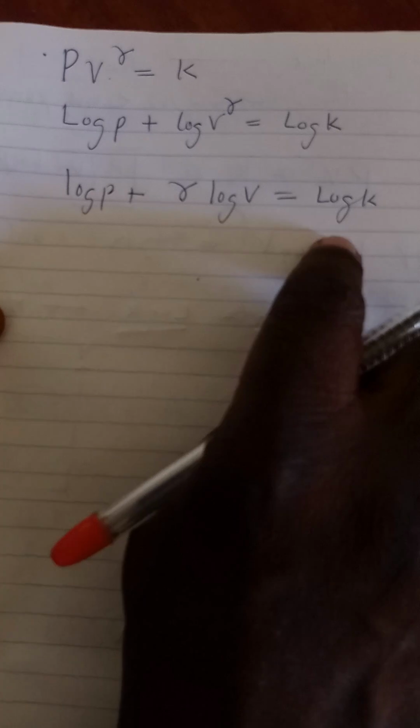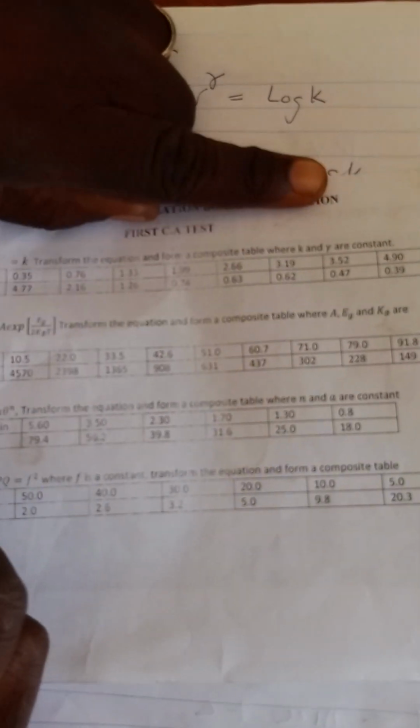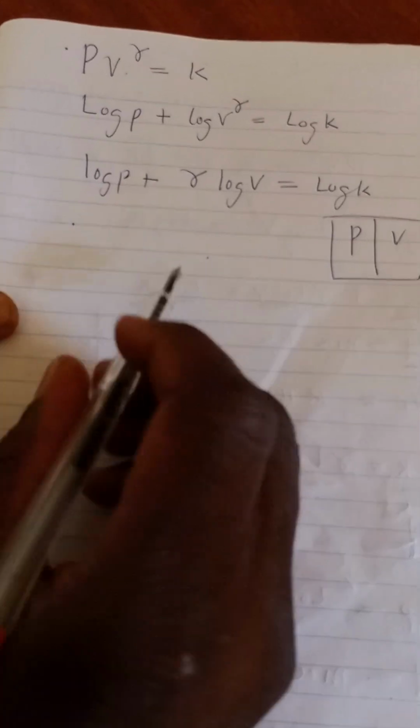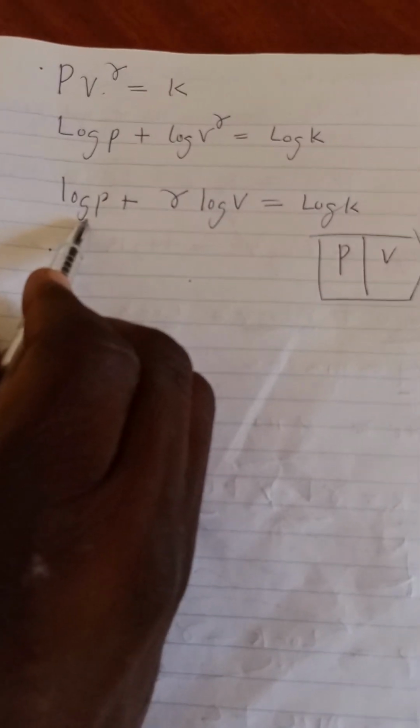But upon looking at the table provided for P and V, if this is our table here, we have P and V parameters. So if the table is having P and V, we have to rearrange in a linear form, such that we make log P the subject of the formula.